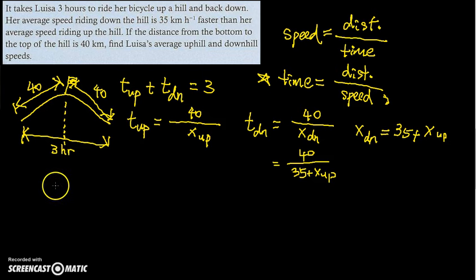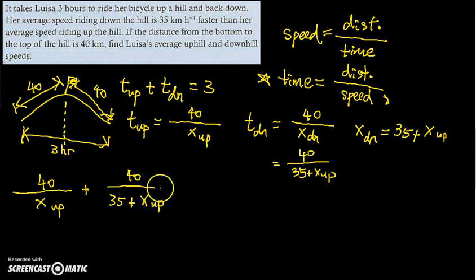So I will have 40 over x up, that's my time going up, plus 40 over 35 plus x up, this will be the time coming down.